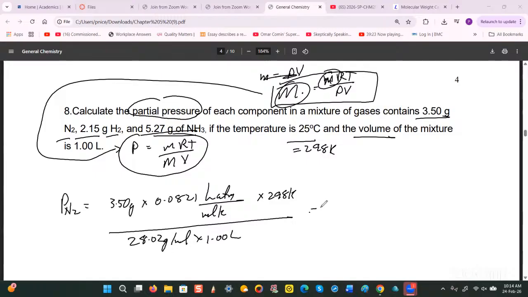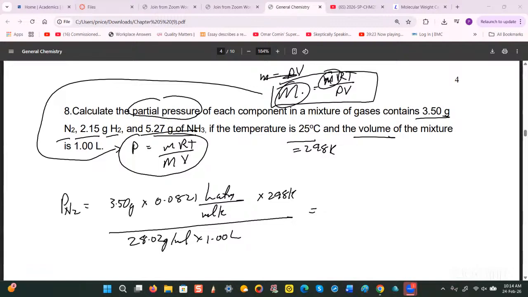That's basically the calculation that you're going to do, not only for the nitrogen, but for the hydrogen and the ammonia. So let me just do this number crunching here. 3.50 times 0.0821 times 298, and then I'm going to divide all of that by 28.02 times 1.